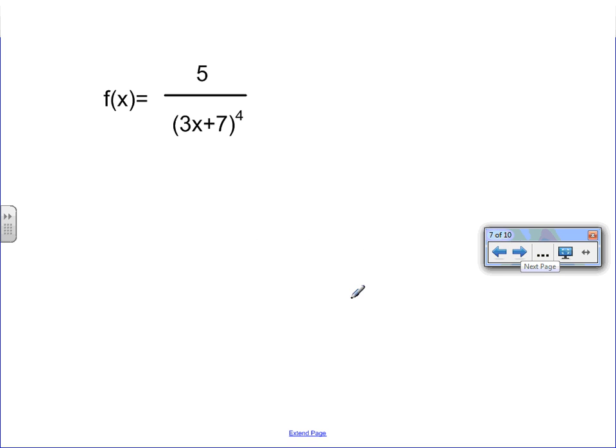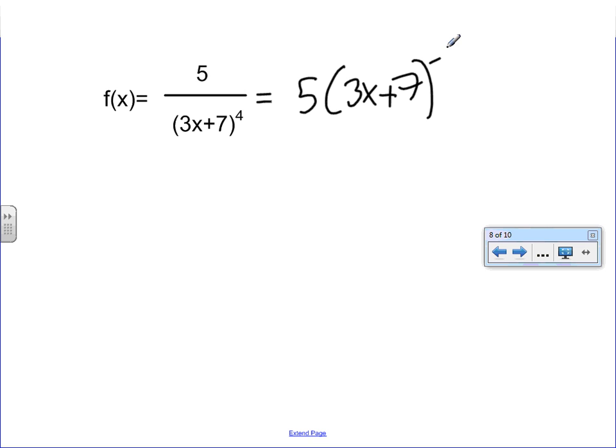Okay? Another one. Rewrite right away: 5 times (3x plus 7) to the negative 4th. We're going to go with that f prime. The derivative of something to the negative 4th, we're just going to follow my rules. Negative 5 times negative 4 is negative 20.